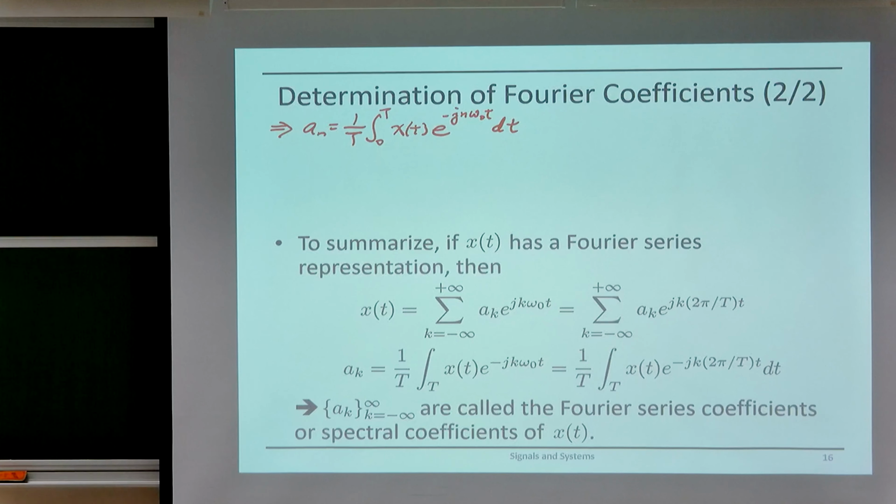Okay? So sometimes we write it more generally as 1 over T, the integral with this subscript capital T to indicate that you're integrating over one period of capital T, no matter where you start from, of x of t e to the minus j n omega naught t dt.